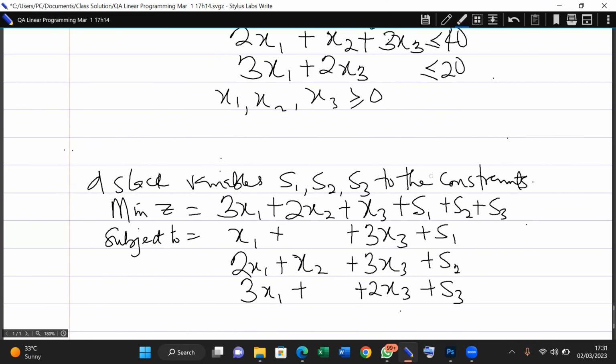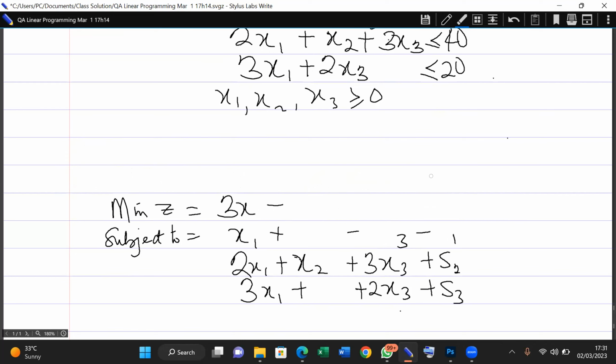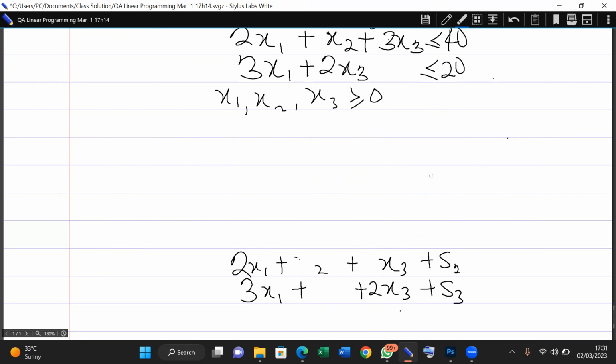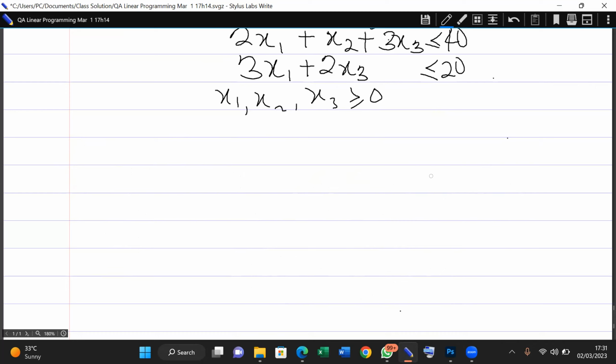Everybody, bring in your attention here. This one looks a bit stubborn, but it is not. That is what I want us to understand.